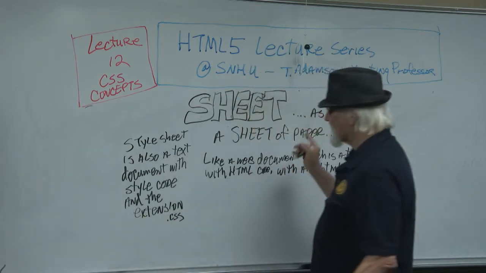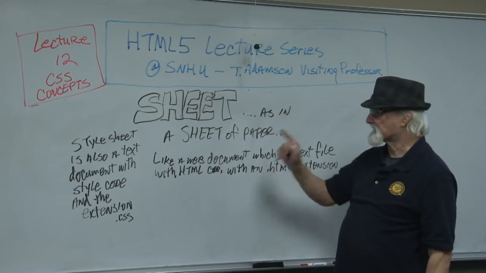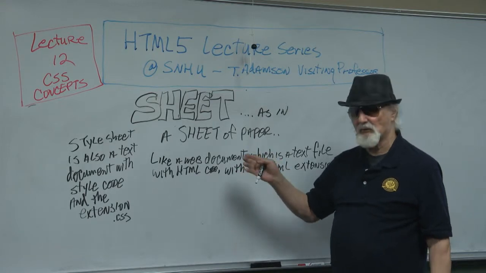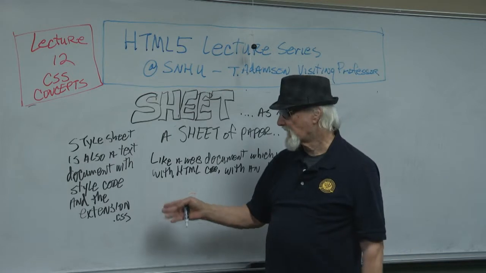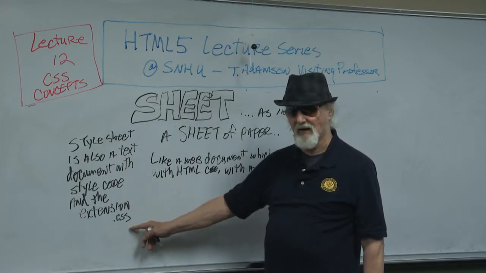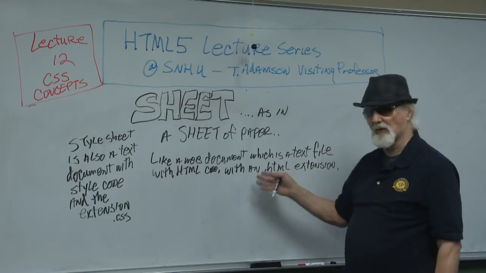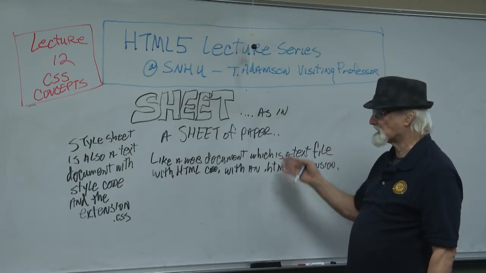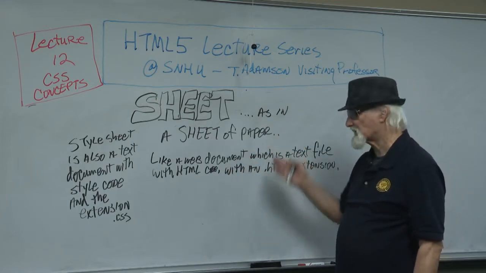So what the style sheet is, it's nothing more than a separate document, a text document, and it contains style code in it, and the extension is .css. Whereas a web document contains HTML code in it, and it has the extension .html. However, both of them are text documents. So that's what sheet means.